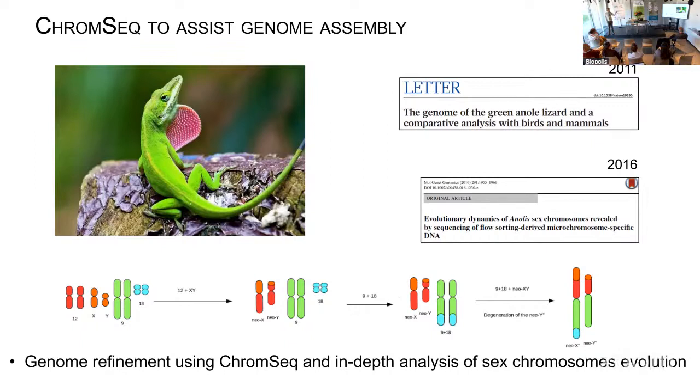And this led the authors to do some important considerations on the evolution of sex chromosomes in the anole lizard, and they identified some neo X and Y chromosomes, which could not be identified only on a genomic basis. Now, as you can see, these two papers that I mentioned, the green anole and the Tasmanian devil, were quite old.